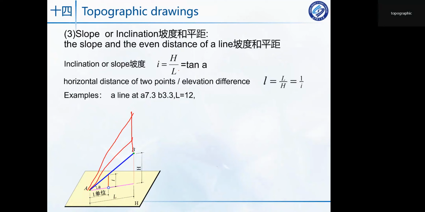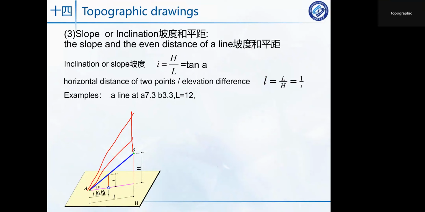And if we use L divided by h, it is called the L. It means if we use L divided by h, it is the L.